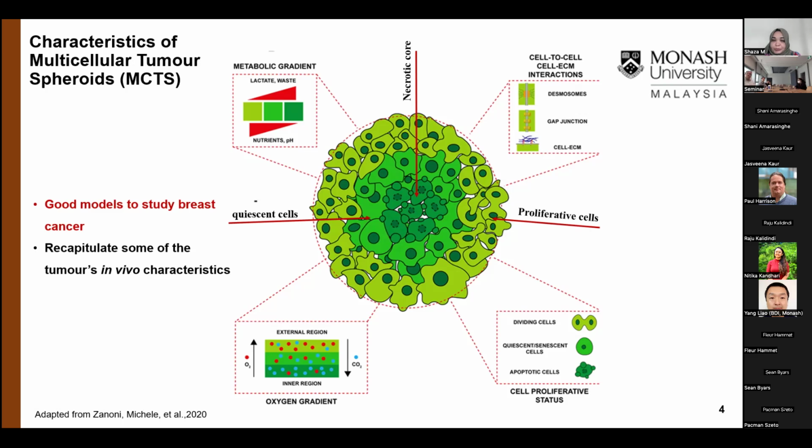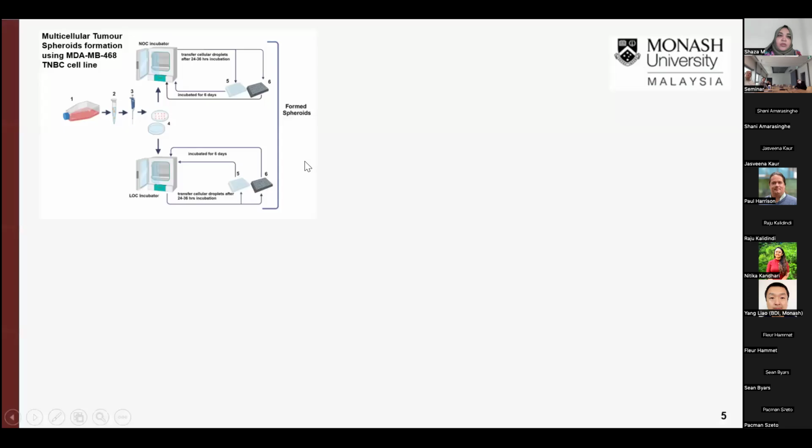So that's why, when we try to check the efficacy of vitamin E, we try to form an acceptable model of a spheroid that can tell us a little bit about what happens when this drug is killing the cells or causing an antiproliferative effect.